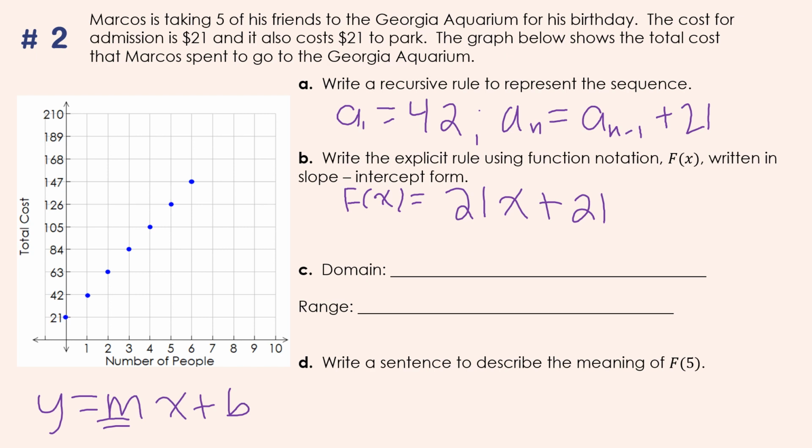So the domain has to be written in set notation. So x such that, and then you are going to list the x values. Now, it doesn't really make sense to have 0 be included because that would mean that they don't go at all. But technically, you could include 0, which would mean that he's just paying for parking. Oops, I forgot my x such that.